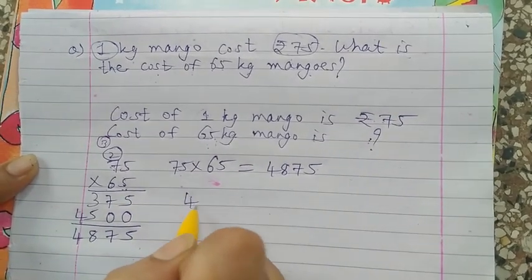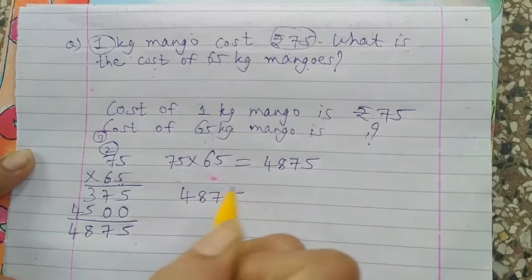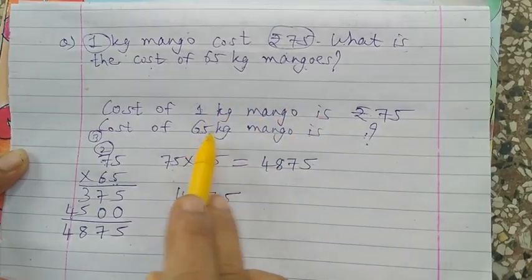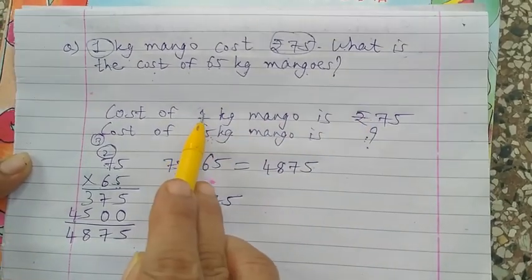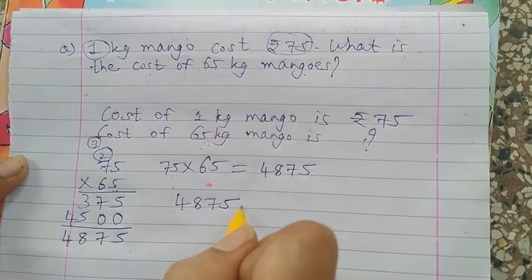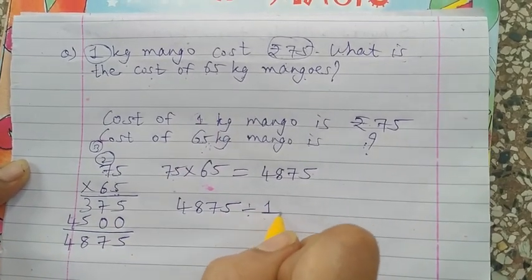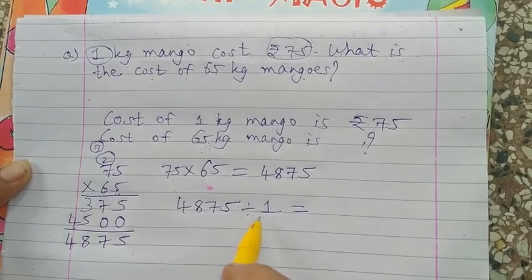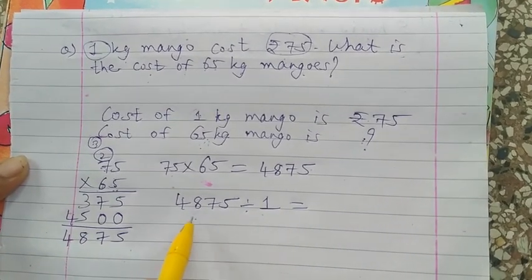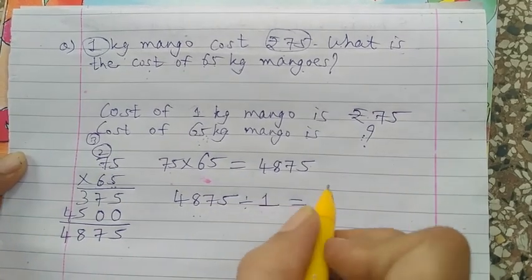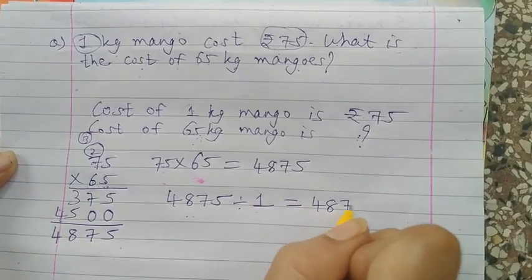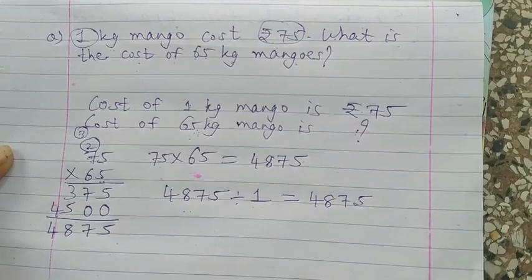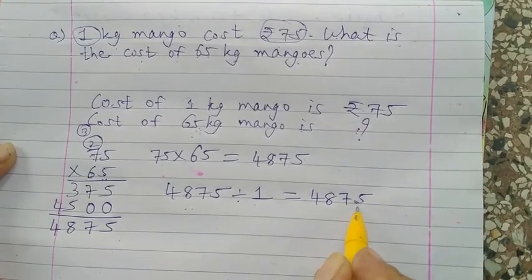Now which number is left here? These both I cross multiplied. This number is left. So I'll divide 4875 by the left number, that is 1. As you know, whatever number we divide by 1, we get the number itself. So I get the same number, 4875.